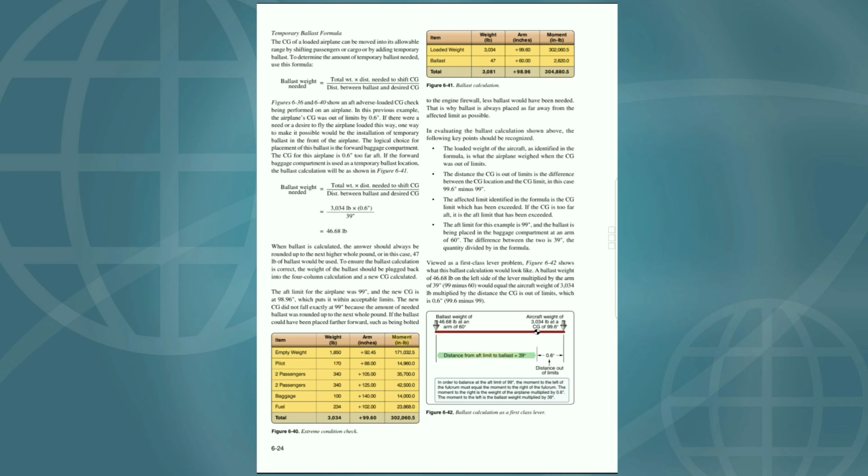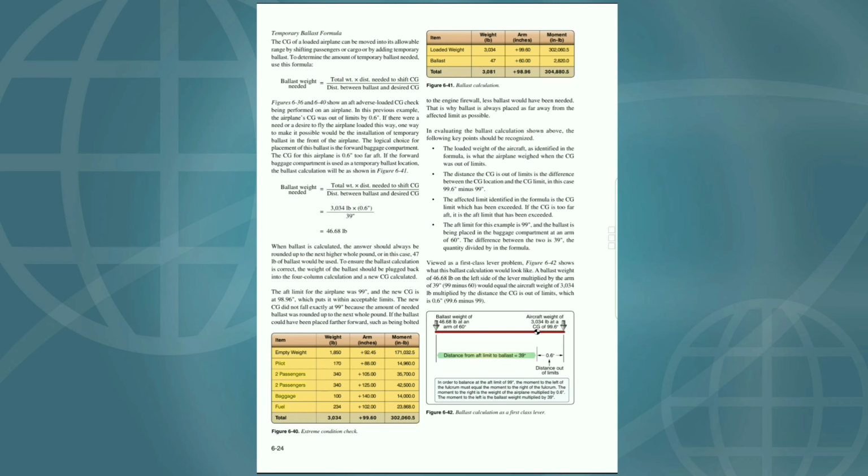Moment, in pounds: 171,032.5, 14,960.0, 35,700.0, 42,500.0, 14,000.0, 23,868.0, 302,060.5. Distance from aft limit to ballast equals 39; distance out of limits 0.6.